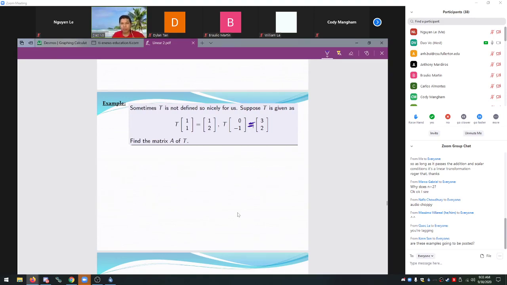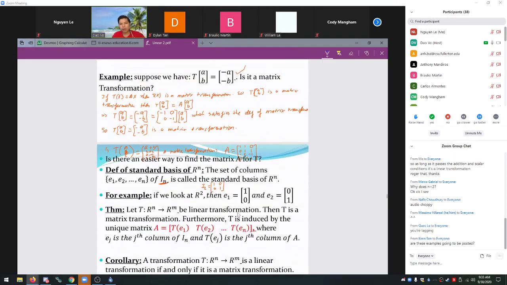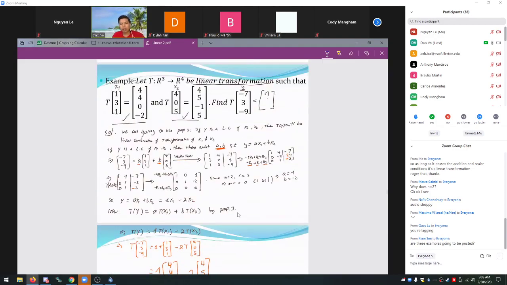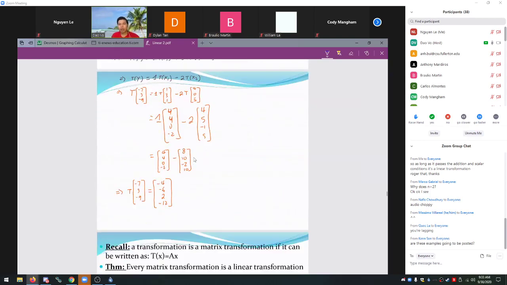Compare this example with the linear combination example that we saw before. There, they give us two transformations and ask you to evaluate a third transformation, so we can do that with a linear combination easily.